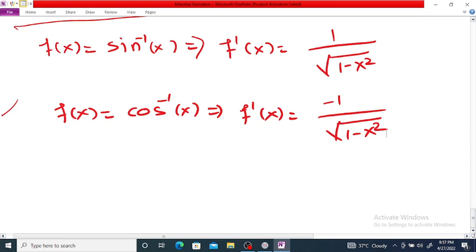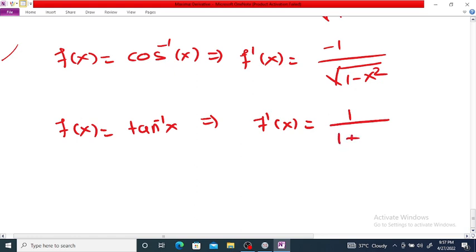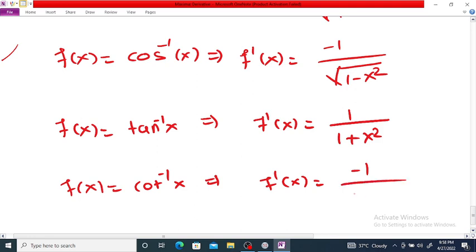Now if f of x is equal to tan inverse x, then f dash x is equal to 1 divided by 1 plus x square. For cot inverse x, f of x is equal to cot inverse x, f dash x is equal to minus 1 divided by 1 plus x square.